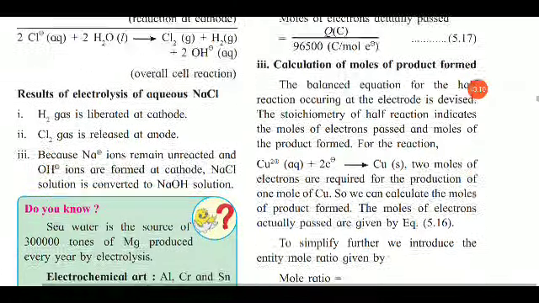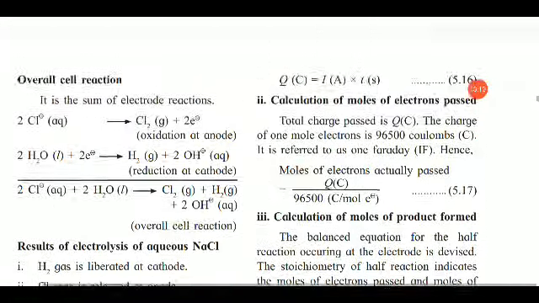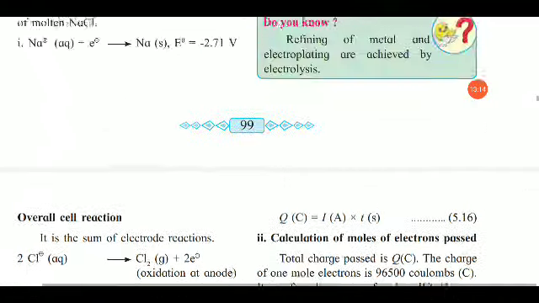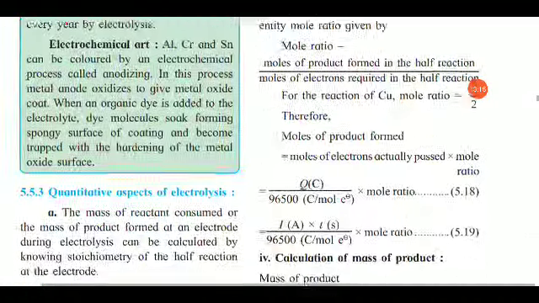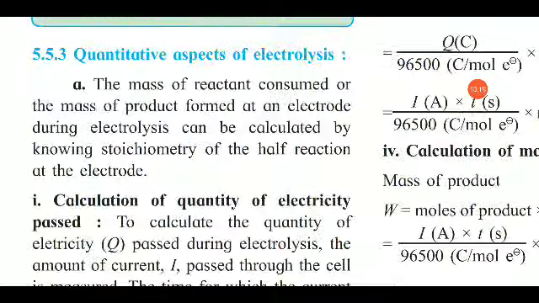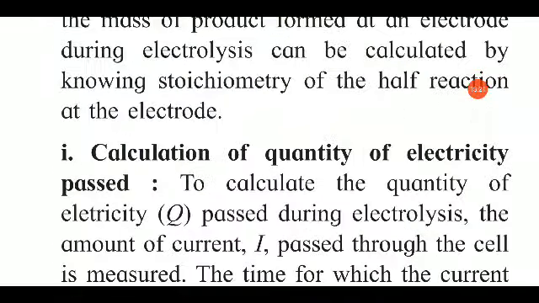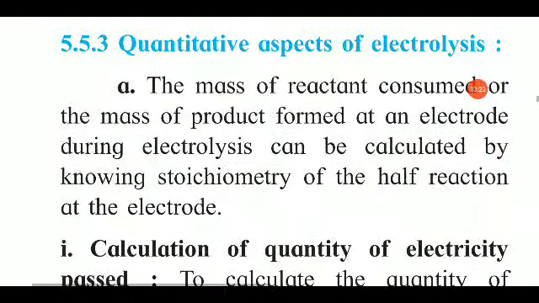Among them, we will learn the mole concept, how many moles of electrons and how much current is required for electrolysis. All these things will be made clear in our next video lecture, whose topic will be the quantitative aspects of electrolysis.